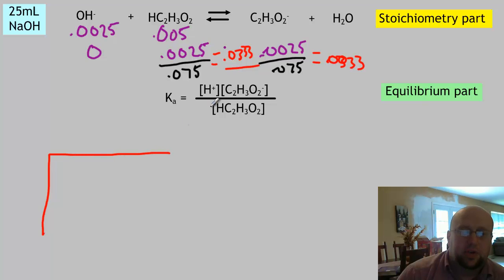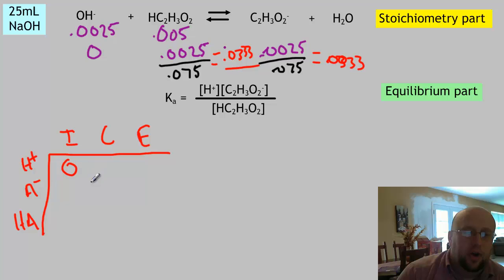Okay, so now we've got some initial concentrations. We're going to look for some equilibrium concentrations, and so we're going to work it from here. I'm going to take the lazy man's way out here. I'm just going to write the generics. But remember that this A- is the C2H3O2.